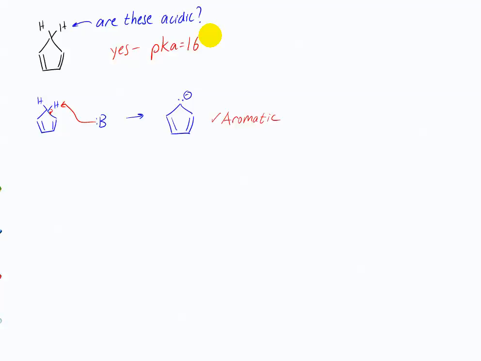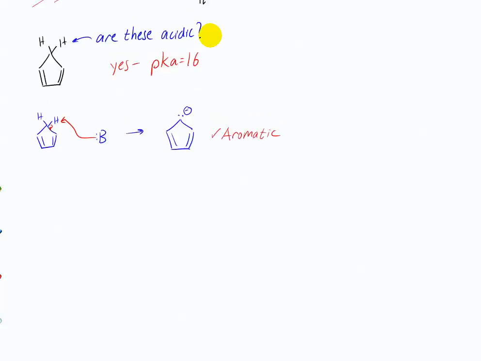So in this case, the drive toward aromaticity makes a CH bond about as acidic as the OH bond in water, which is a huge difference. Even some of the more acidic CH bonds that we've seen so far, the ones in triple bonds, are on the order of 25. So those are the kinds of questions that you can answer here.